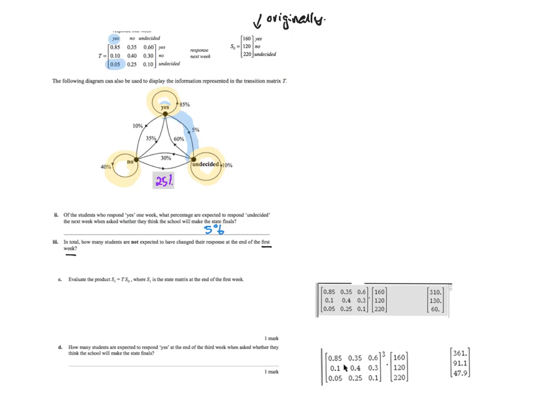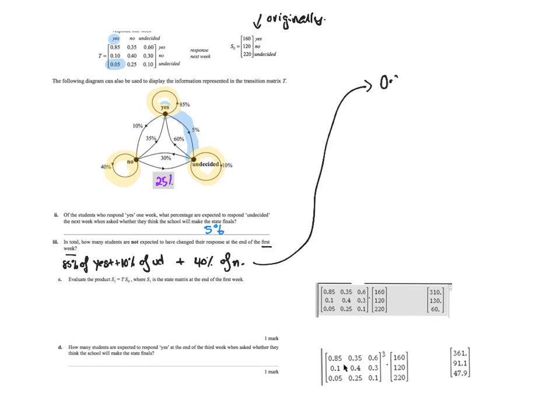So we're actually saying 85% of the yes plus 10% of the undecided plus 40% of the no's. So we'll have to use the amounts they give.